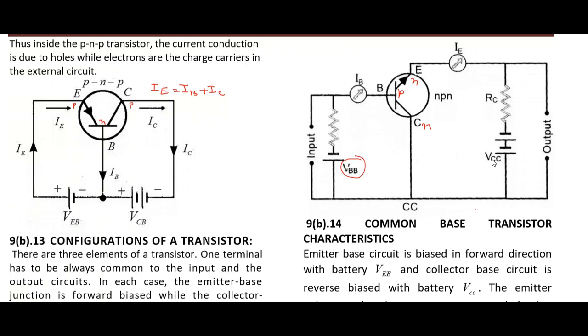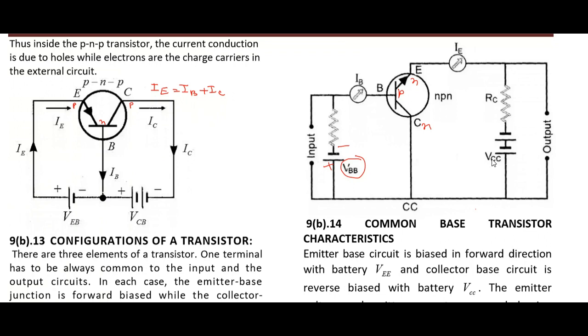If we take this as the collector base junction, then by that logic this should be reverse biased. Reverse bias means N should be connected with the positive and this P should be connected with the negative.